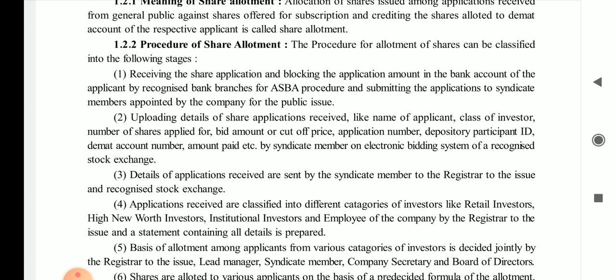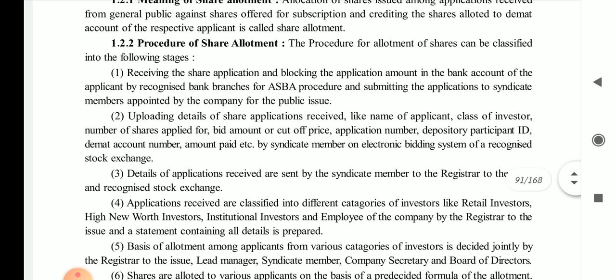The next stage is uploading details of the share applications received, like name of the applicant, class of the investor, number of shares applied for, bid amount or cut-off price, application number, depository participant ID, demat account number, amount paid, etc., by the syndicate member on the electronic bidding system of a recognized stock exchange.